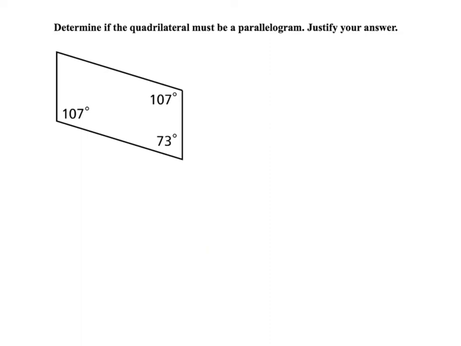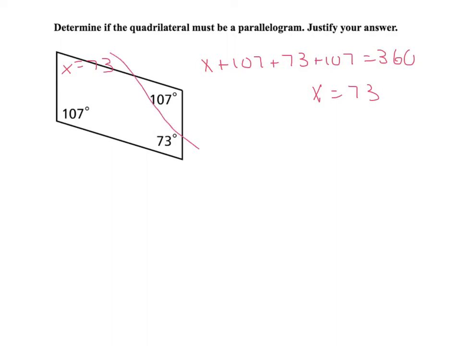Okay, so one way people have figured this out is to solve for this angle. We know if it's a four-sided figure, these should add to equal 360. So if I take x plus 107 plus 73 plus 107 equals 360, you find out that x is 73. Knowing that x is 73 shows that both pairs of opposite angles are going to be congruent. So there is your parallelogram. The other way that people do this is looking at consecutive angles.